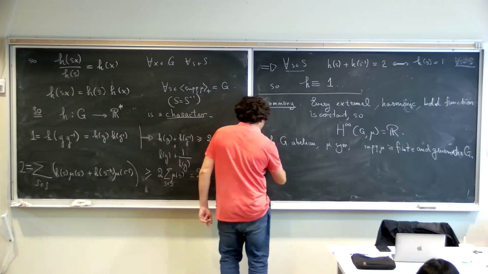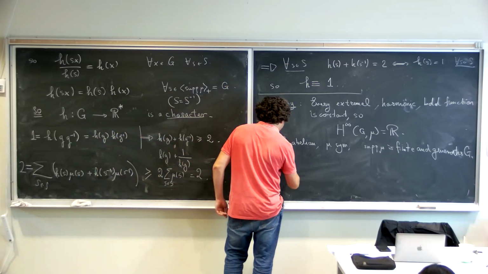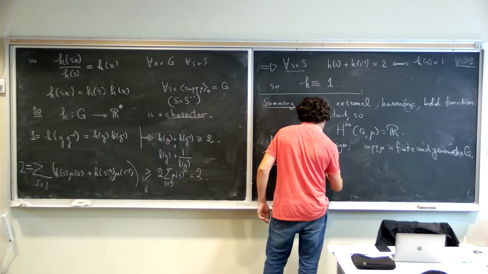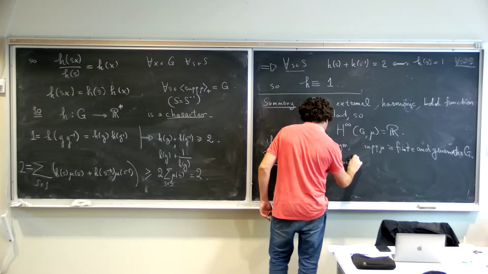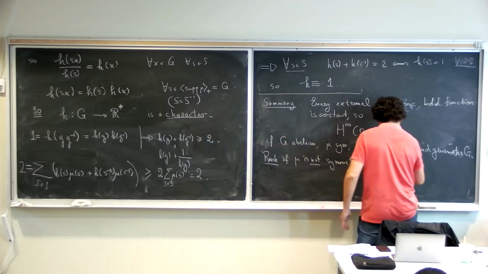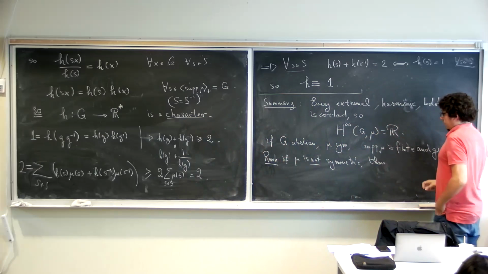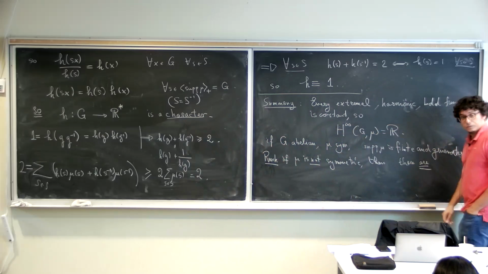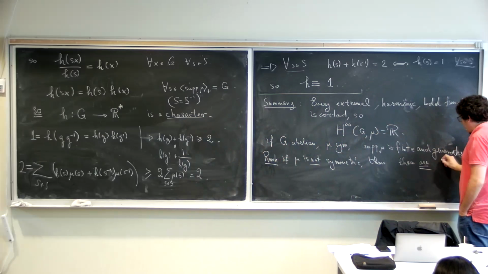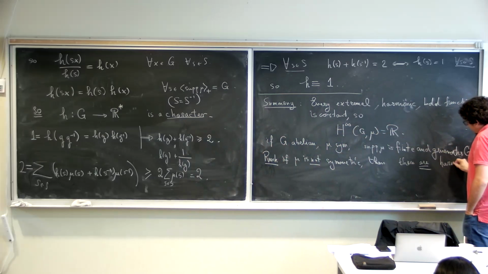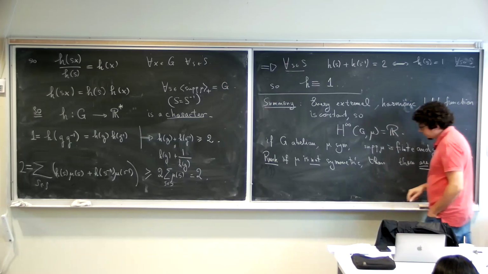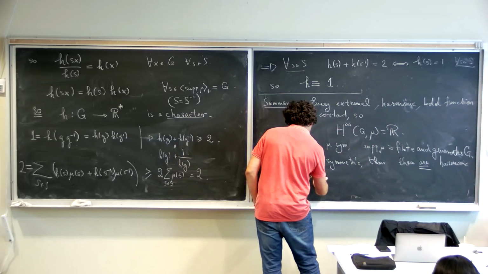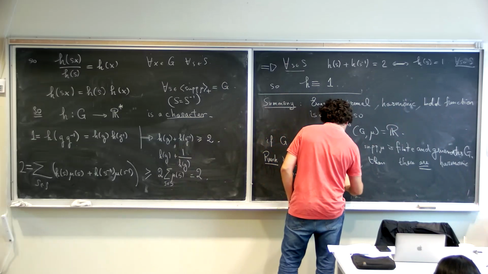So again, the remark would be that if mu is not symmetric, then there could be harmonic characters. Non-constant characters.